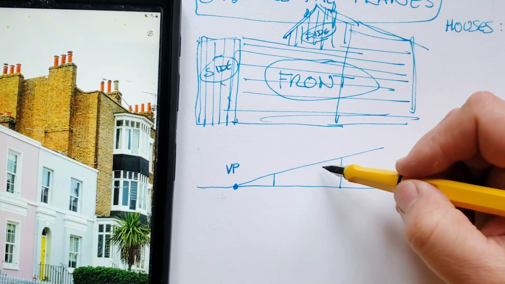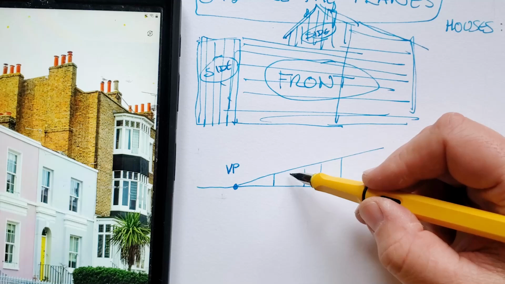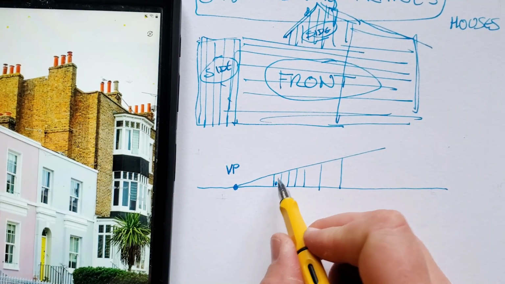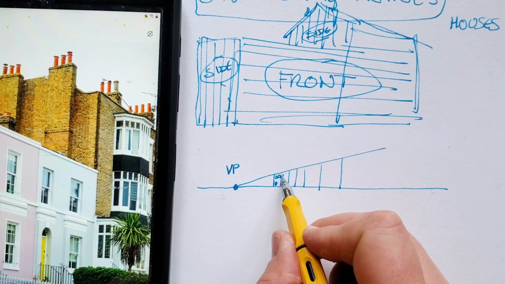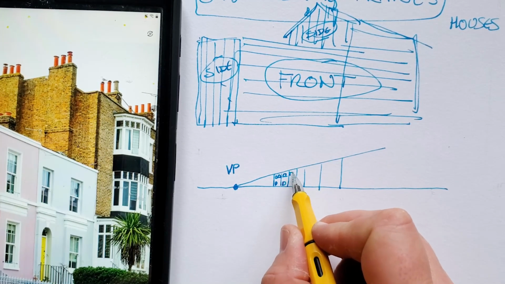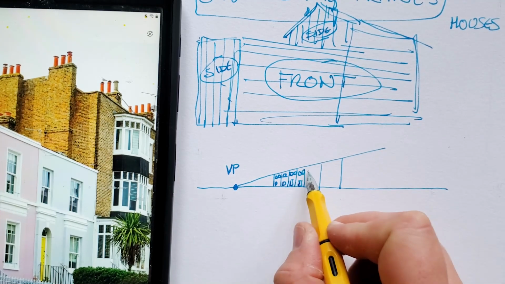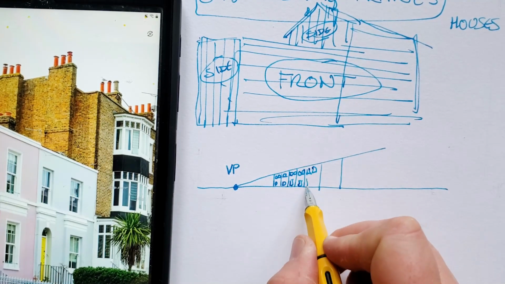So therefore we can say, oh, there's some houses on this street that go down here like that. And there's a little door and some windows. Little front door, some windows, little Mr. Men houses.